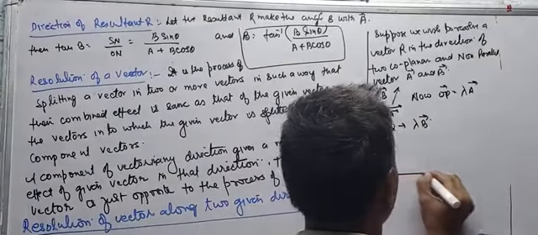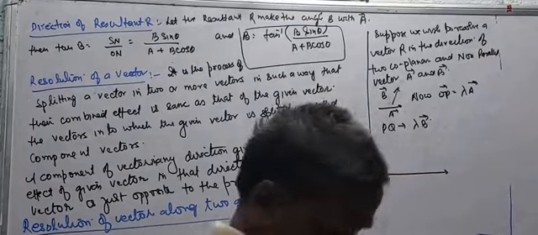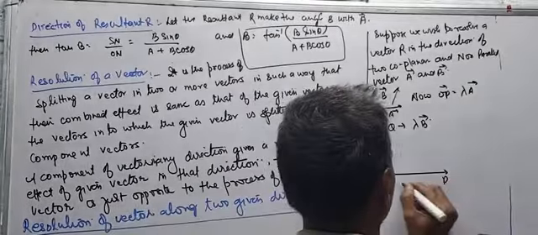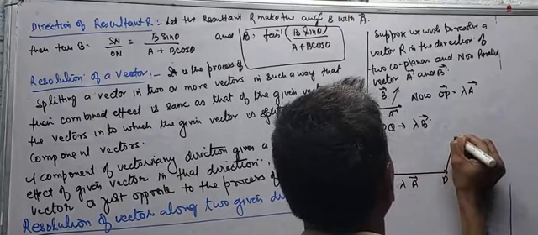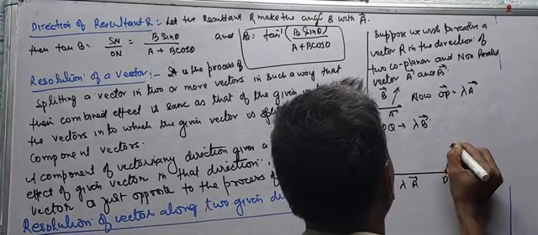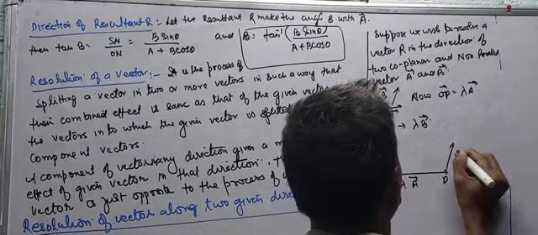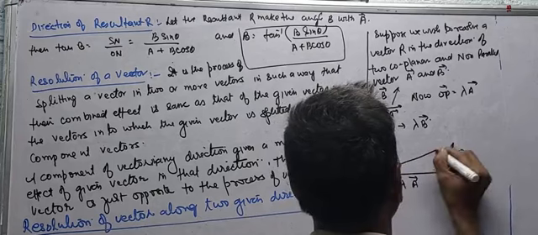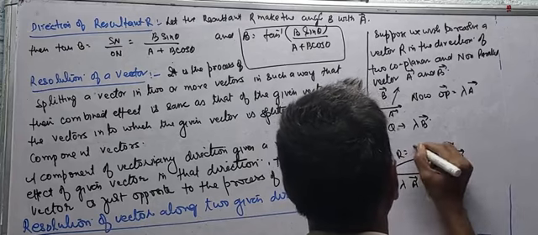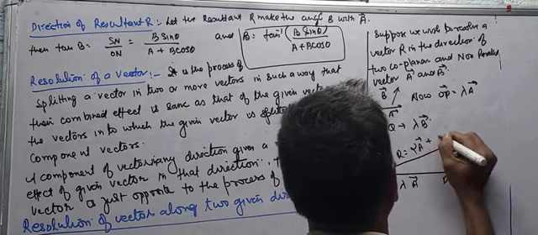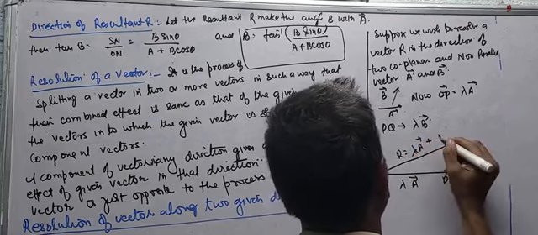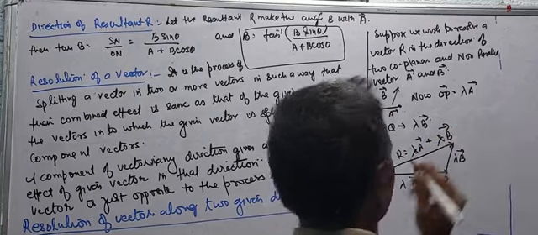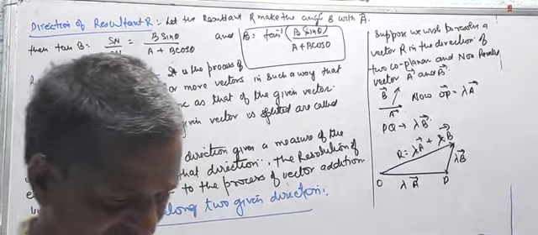Then we will draw the diagram: OP is lambda times A vector, from the head of this is lambda B vector, and resultant R will be lambda A vector plus lambda B vector.